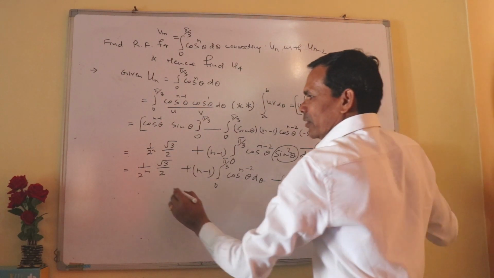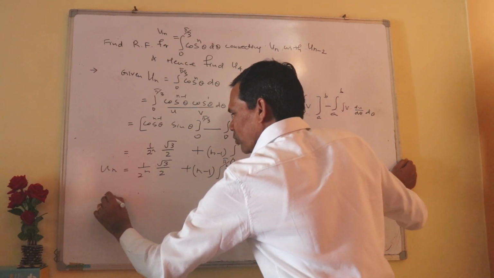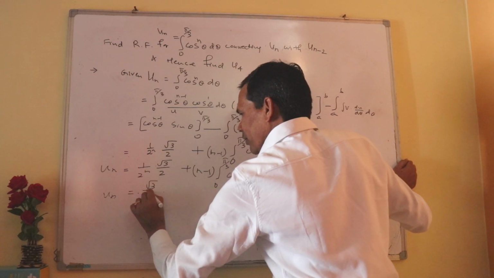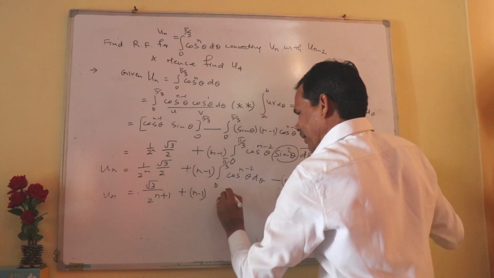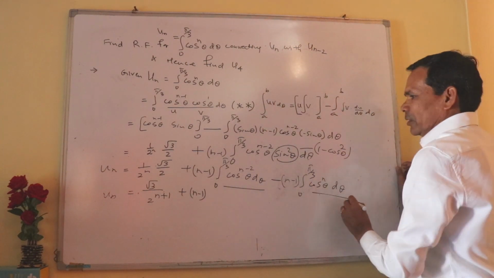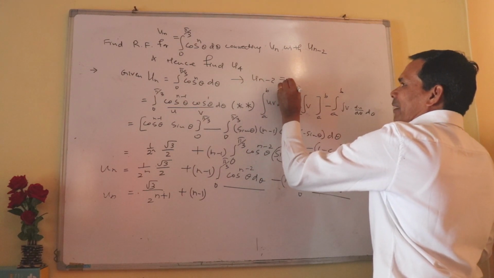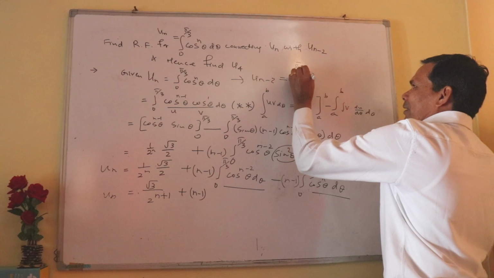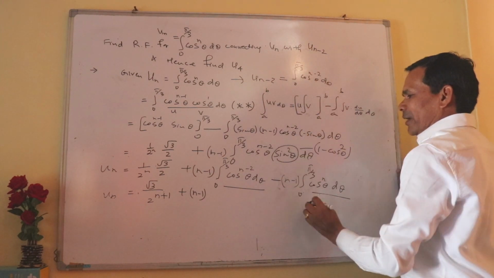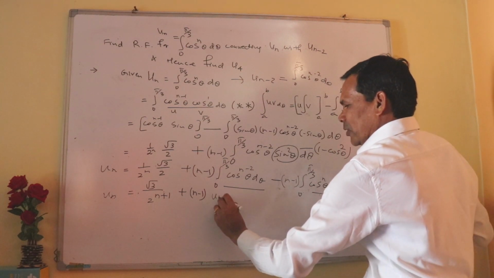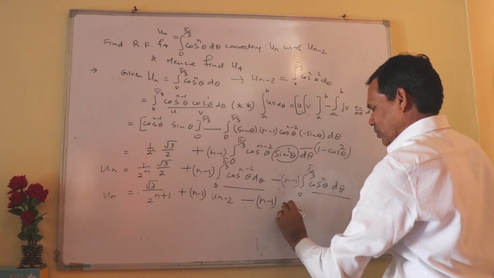Now if you observe this, this is for un. So un is equal to root 3 upon 2 raised to n plus 1 plus n minus 1. Now I make the replacement. So I replace un minus 2, naturally it is 0 to pi by 3 cos raised to n minus 2 theta d theta, here, and minus n minus 1 un.